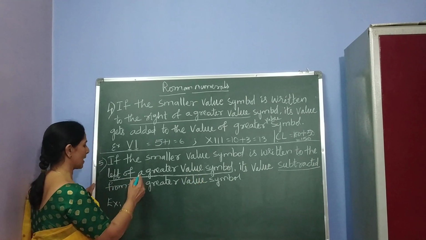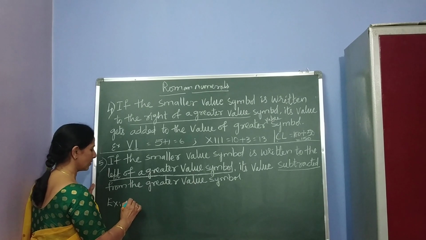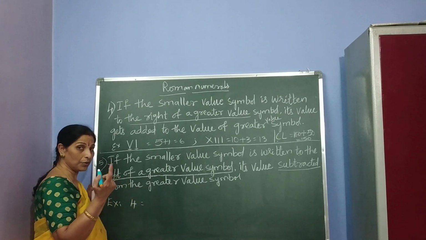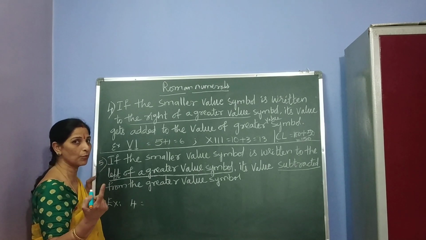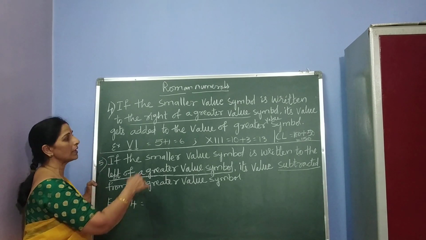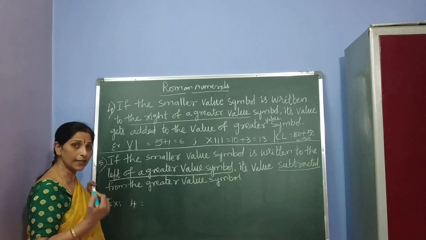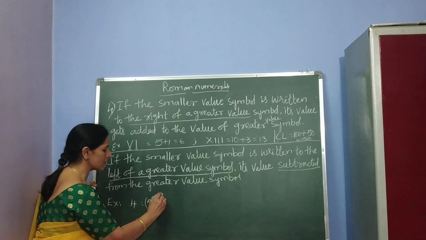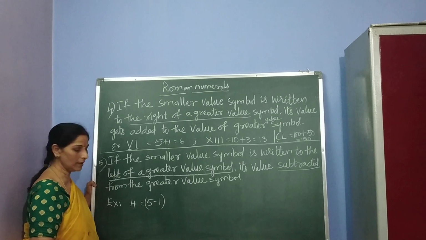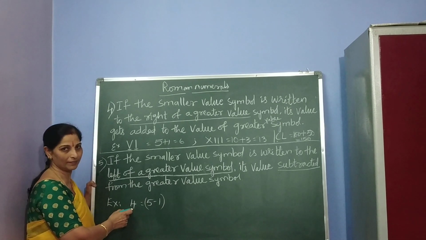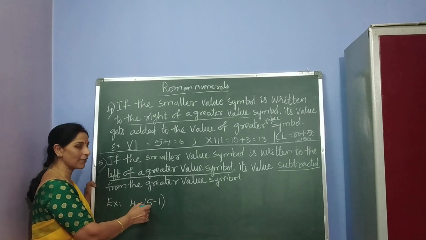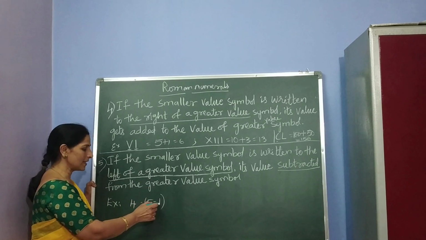For example, how to write 4? You learned that I cannot be repeated more than 3 times. This 4 is very close to 5. To get 4, 5 minus 1, children. Okay? 4 has no symbol of its own, so to write 4, we should subtract from 5. 5 minus 1.